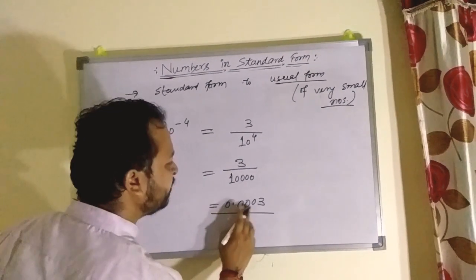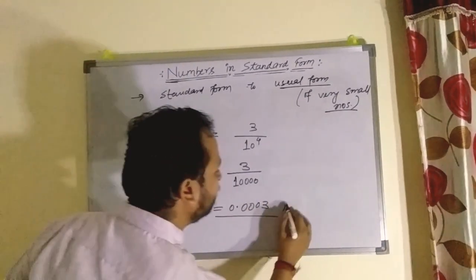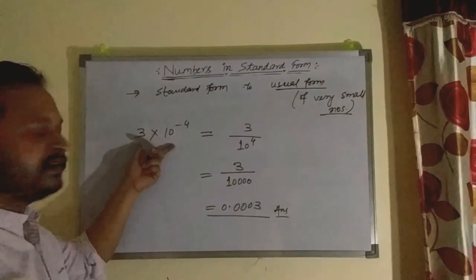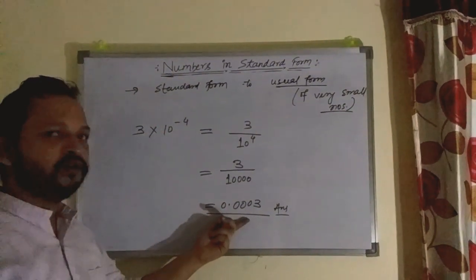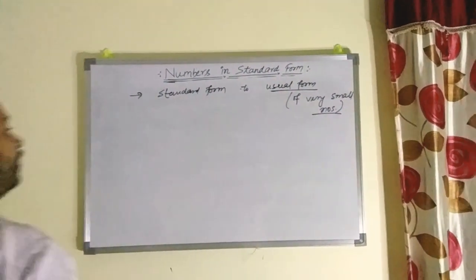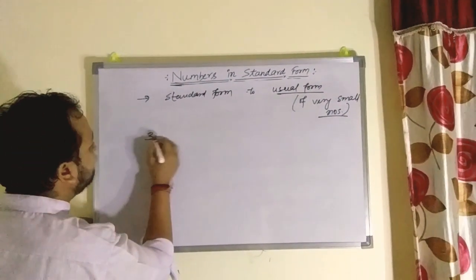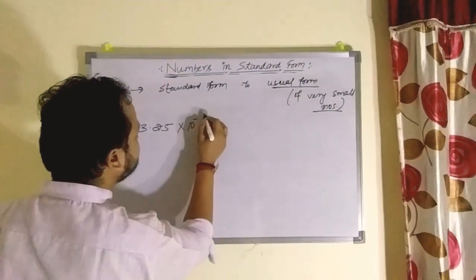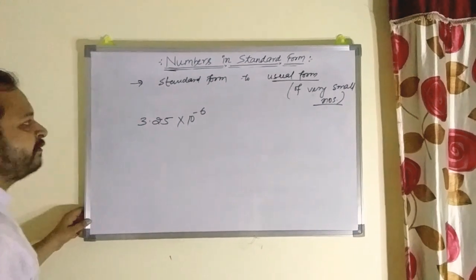So 0.0003 is the answer. Means the standard form is this and that is the usual form. Right? Another example. Suppose a number is given as 3.25 into 10 to power minus 6. Right?